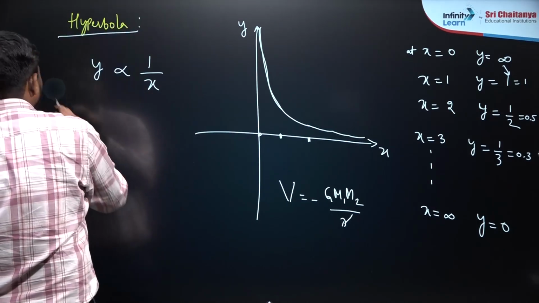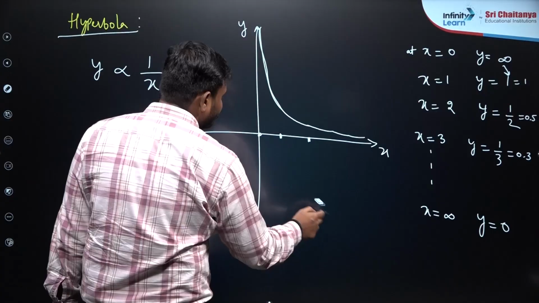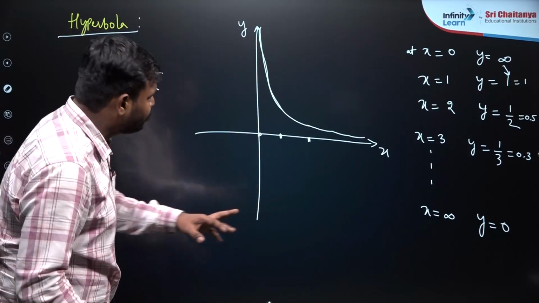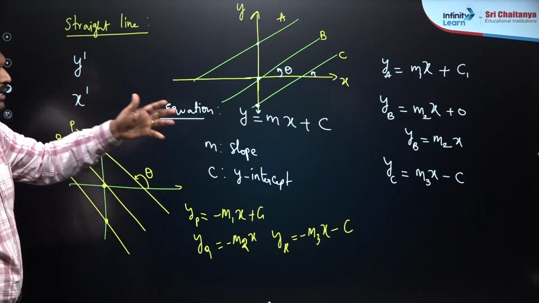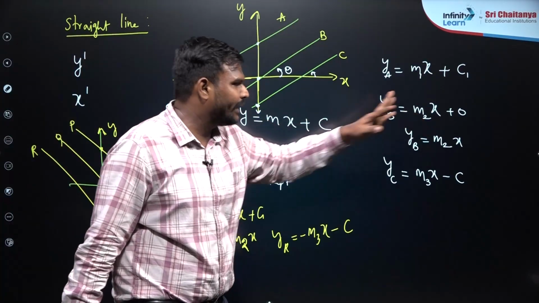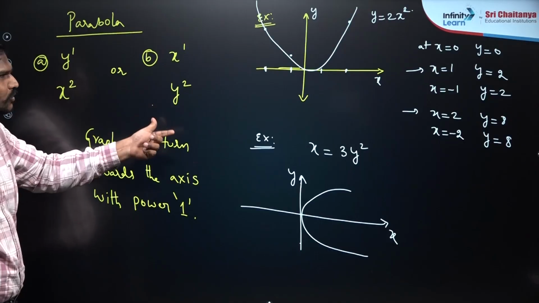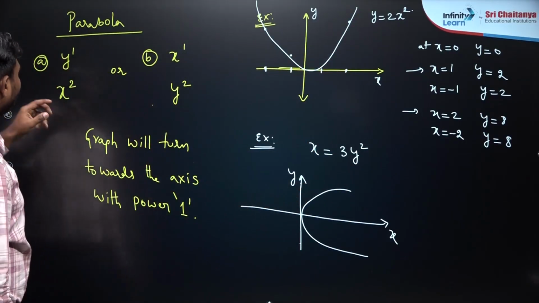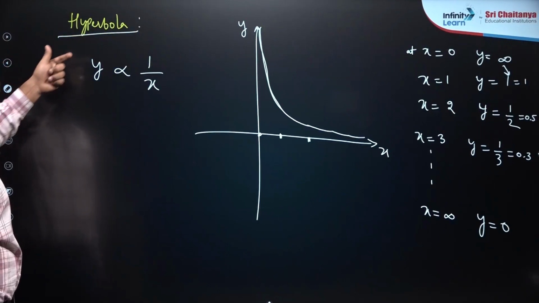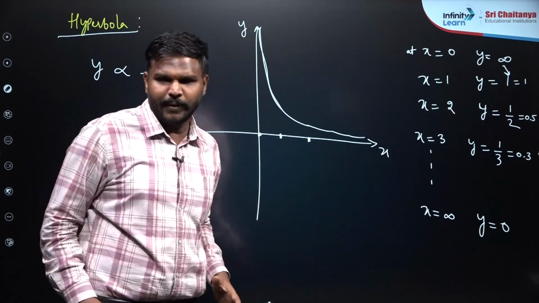So like that we will use this particular shape in different chapters, but it is mandatory for us to know that if they are directly proportional, the shape would be straight line. Y is proportional to x, straight line. If square is there, y is proportional to x square or x is proportional to y square, then it will be parabola. Then hyperbola. If there is inverse relation, the shape would be called hyperbola.